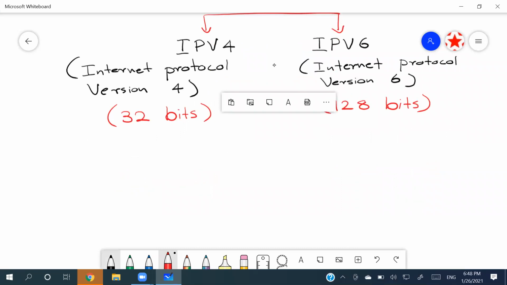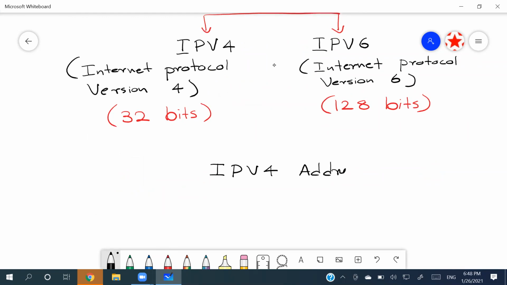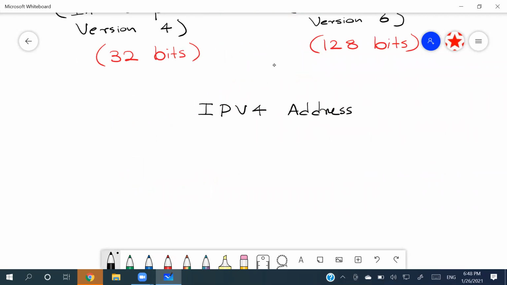So the IPv4 address, the natural way, meaning the way that we can generally see it in our computers, is in this format.